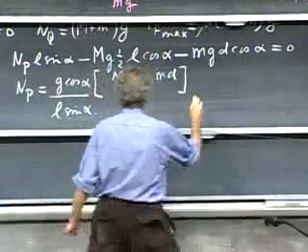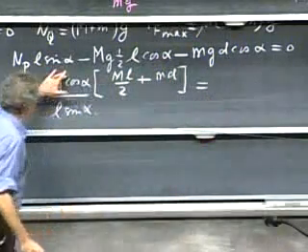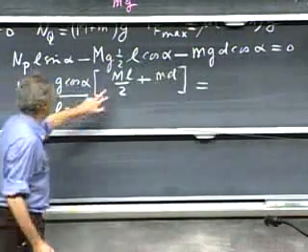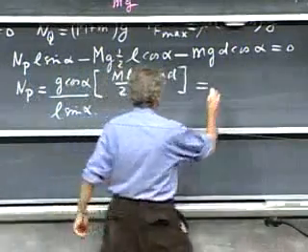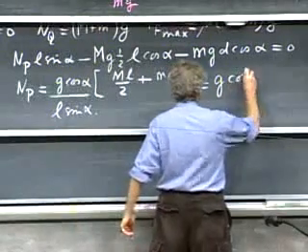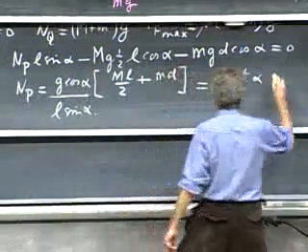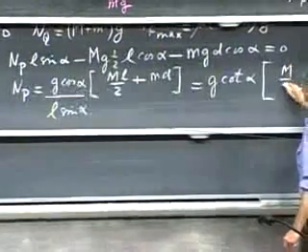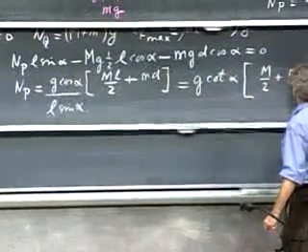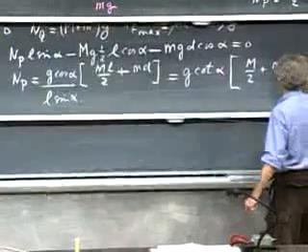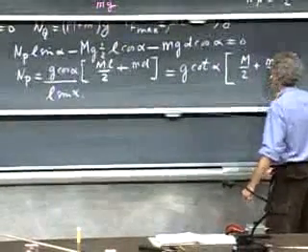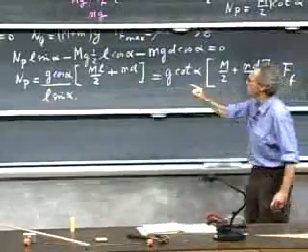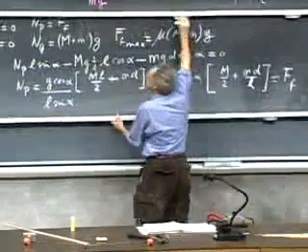And so now for cosine alpha divided by sine alpha, I can write cotangent alpha, and I'll bring the L inside here. So I have g cotangent alpha times (M over 2 plus little md divided by L). And that now must be the frictional force, because N of P is still the frictional force.